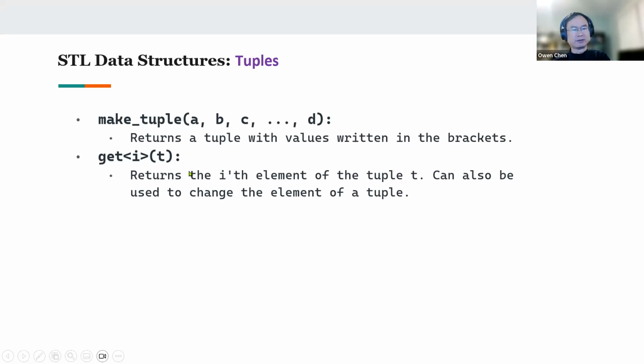It doesn't have the first, the second, the third, etc. This is just too many. Instead, you use get, angle bracket, I, which is 0, 1, 2. So 0 is the first element, and then 1 is the second element in the tuple, and 2 will be the third element, right? You start the index from 0 all the way to however many elements are in that tuple.